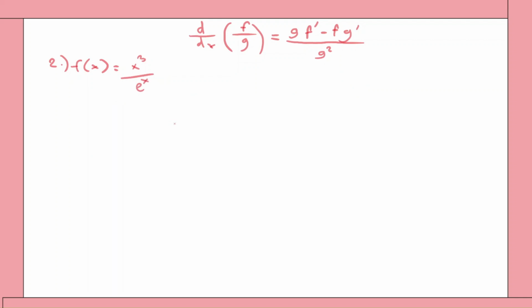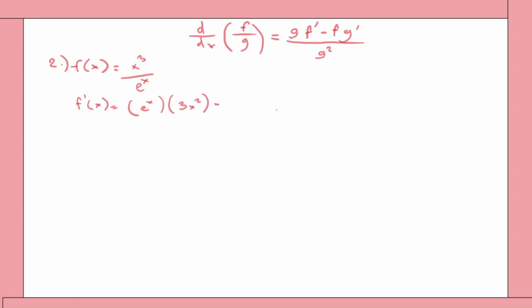Okay, welcome back. So let's just say we had something like an exponent this time. We did ln's or logs. Now let's do exponentials to try out that avenue as well. Again, the process remains the same. First we're just going to have the g function, so the bottom function would be e to the x. Then we're going to have the top one's derivative, which would be 3x squared.